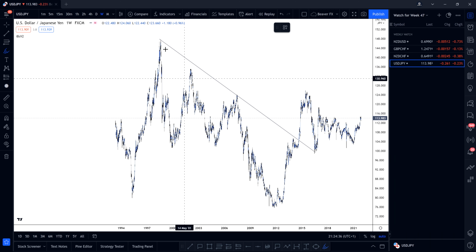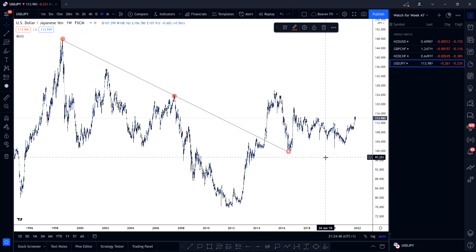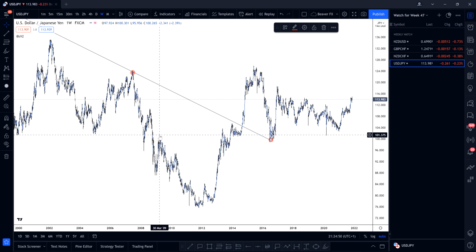We had this touch here, and finally we came here after breaking through this previous high. It came to be a test on the same trend. This is a really good one.